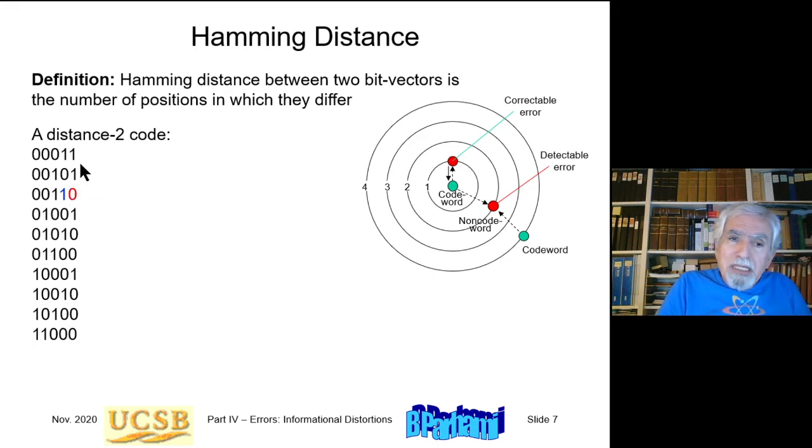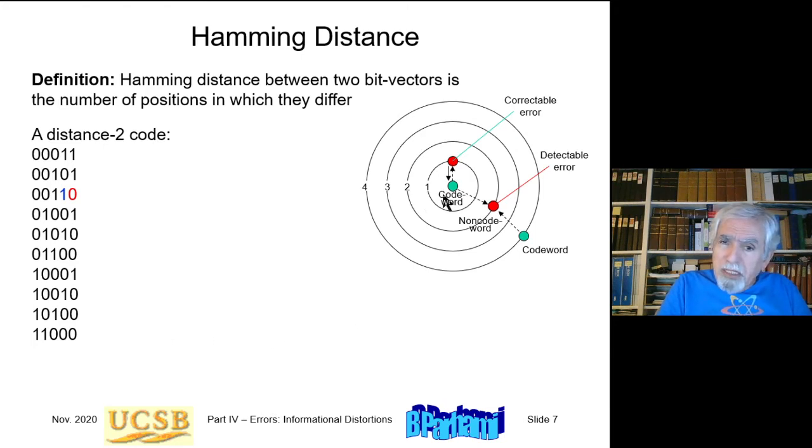It's obvious that the distance between code words is at least 2, because if this one has 2 ones, and this one has 2 ones, and the 2 ones are not in exactly the same places, then there will be 2 bits that are different. So in this first example, 1 here has 0 in the next code word, and 0 here has 1, so distance 2. And distance 2 is sufficient to detect single bit errors.